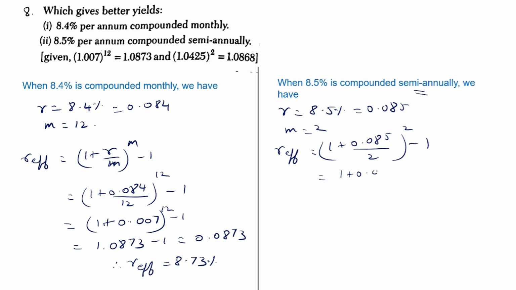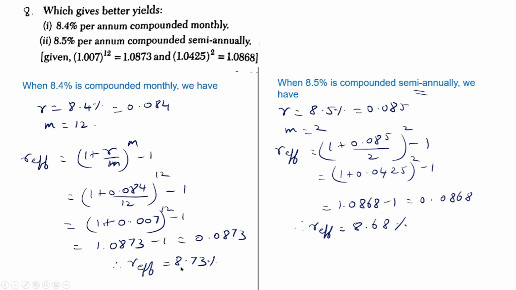It is (1 plus 0.0425) the whole square minus 1. This 1.0425 the whole square is given as 1.0868. This is 1.0868 minus 1, or it is 0.0868. Therefore, the effective rate of interest in this case is 8.68%.